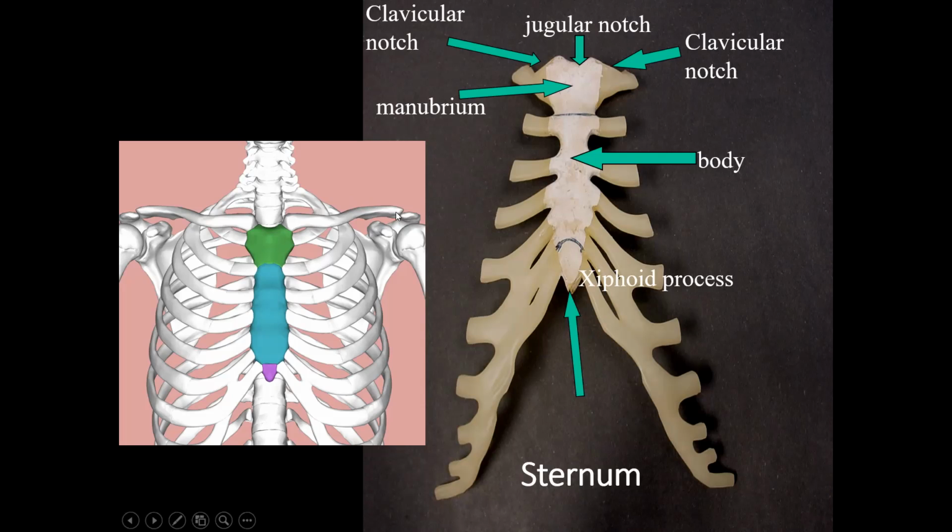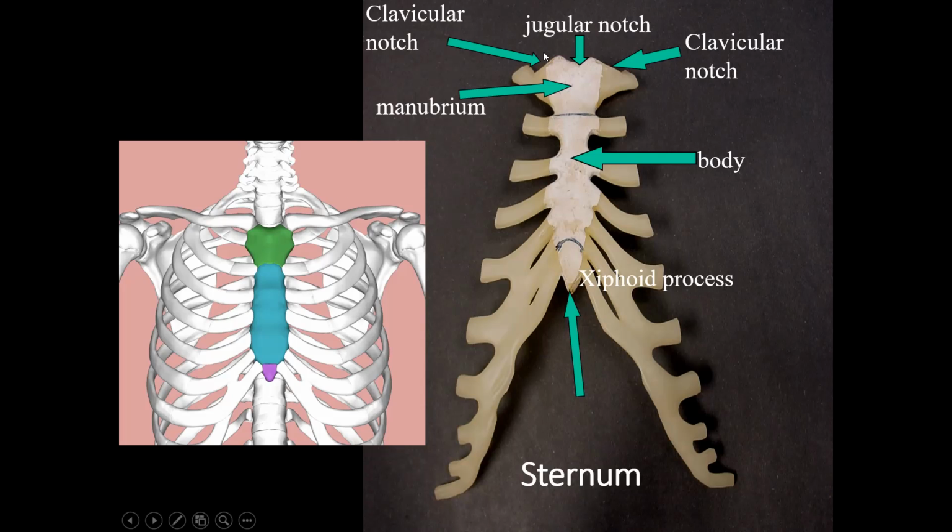The flat end of the clavicle articulates with this flat structure of the scapula, our shoulder blade. And out here, the clavicle and the scapula and the head of the humerus all form what we call the pectoral girdle.